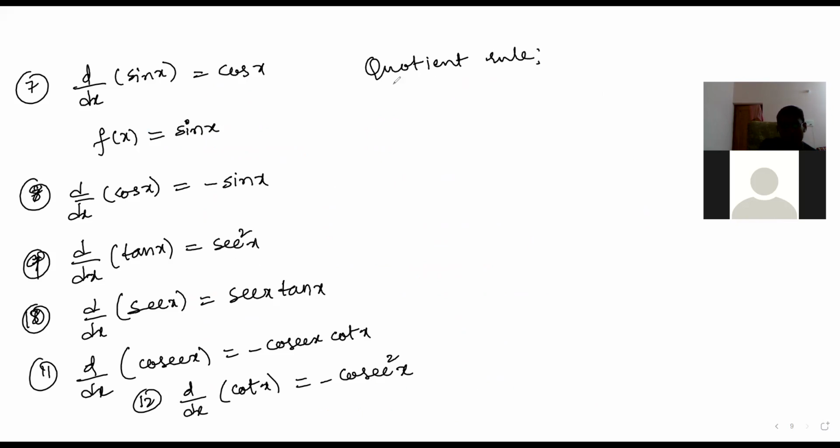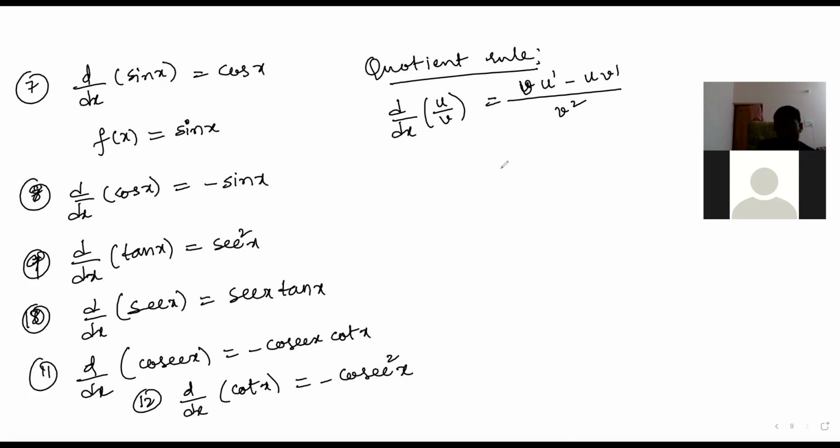What is the quotient rule? d by dx of u by v is v u dash minus u v dash by v square.